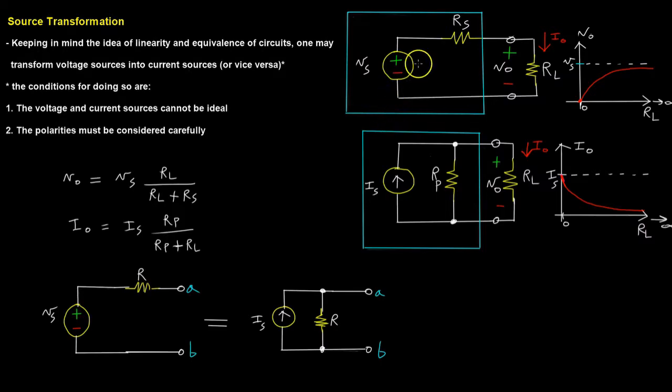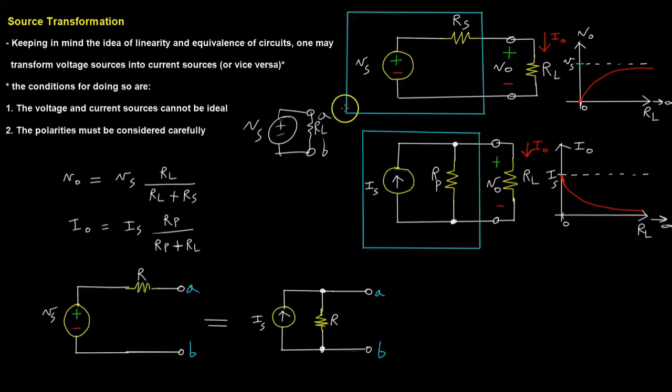So before we get into that, let's go ahead and look at a practical voltage source and a practical current source. If we recall the ideal one, an ideal voltage source would simply look like this. It would have just your positive and negative terminals, and you would measure them at terminals A and B, and it would give you exactly your desired voltage no matter what the load is.